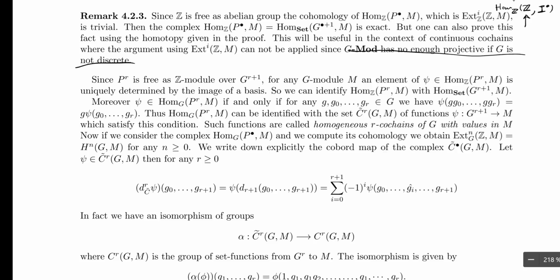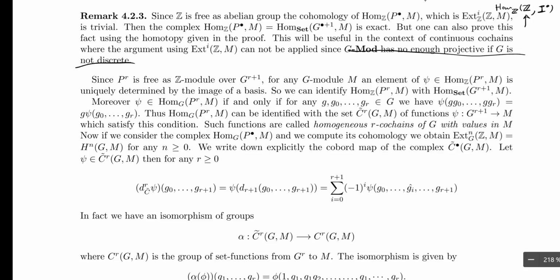He's just saying that our P_R is a free ZG module, but if we only consider it as a Z module, then the cohomology of this is trivial because it's symmetric.